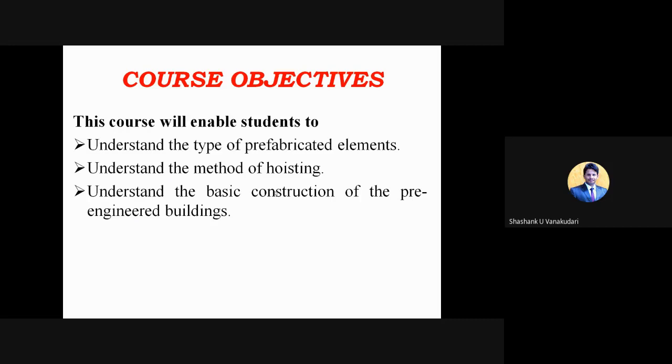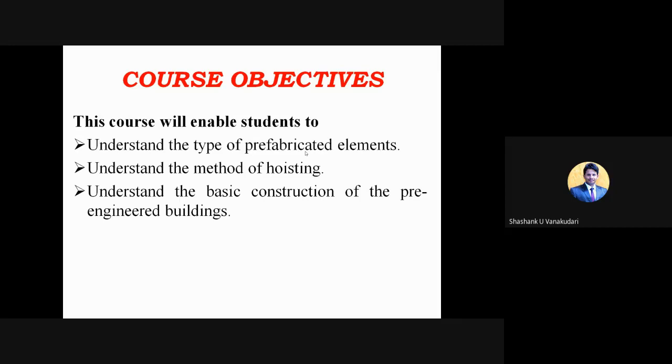So what are the main goals of this subject? This course will enable students to understand the types of prefabricated elements. So a prefabricated element is nothing but a structural element which is constructed at the manufacturing site, and there are certain types. Which types of prefabricated elements are there?